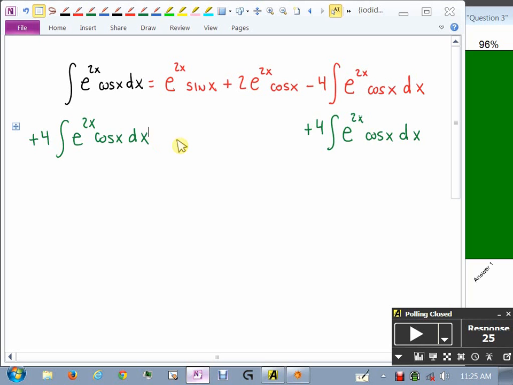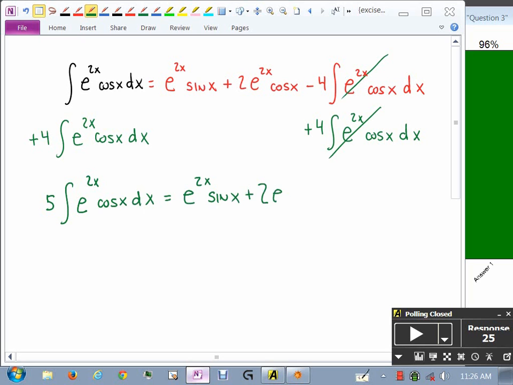Now, what happens when you do this? On the right side, they cancel. And on the left side, you get 5 of those integrals now, right? So 5 of these integrals, antiderivatives, is equal to e to the 2x sine x plus 2 e to the 2x cosine x. And so how could I get this integral by itself right now?